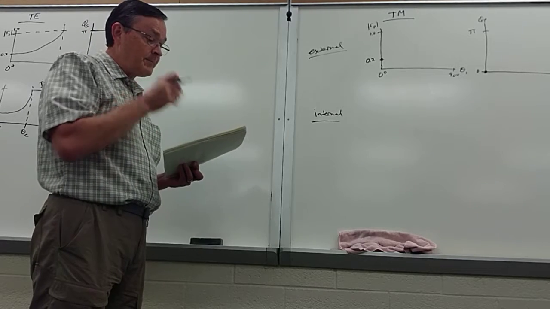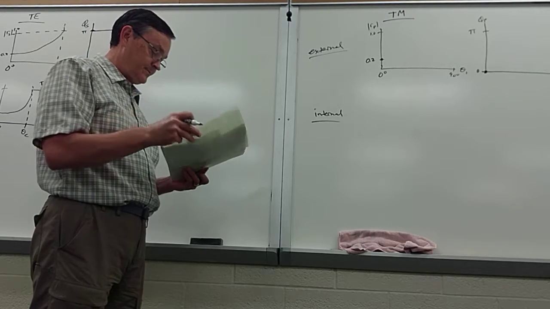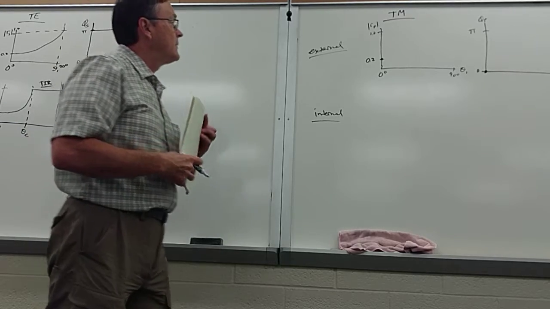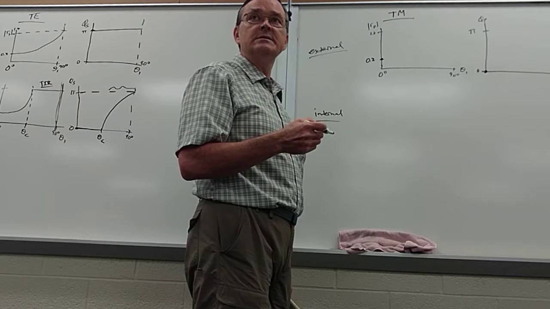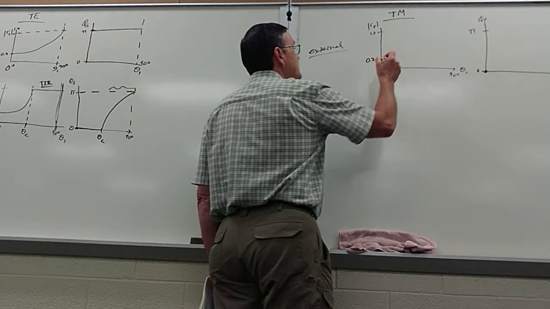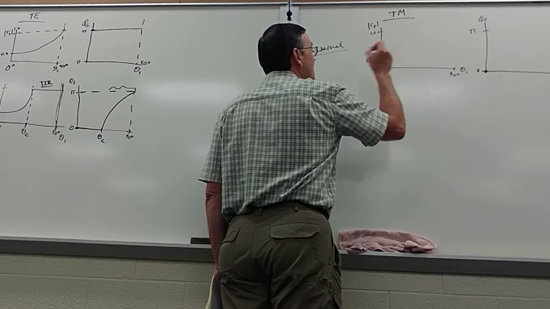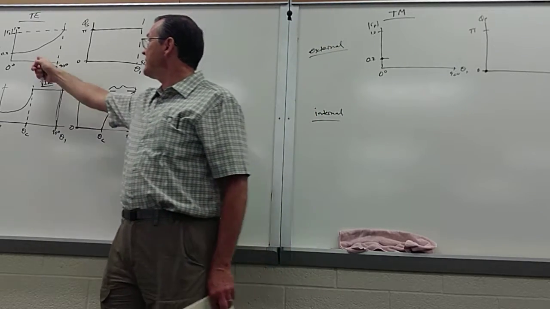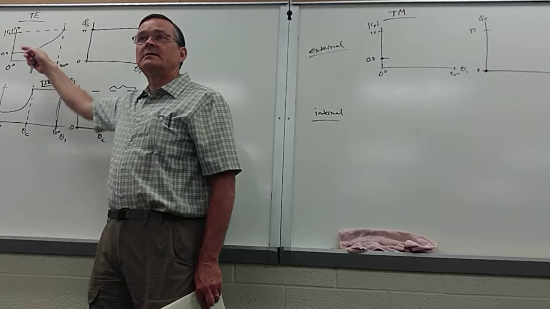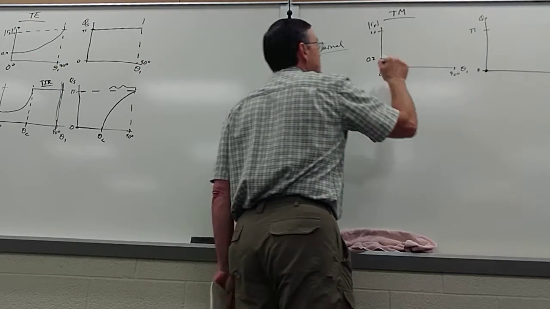Okay, good. Now, what happens is that as we go off normal incidence, the magnitude of the reflection coefficient does not increase. And over here, it increased. But over here, it does not increase.